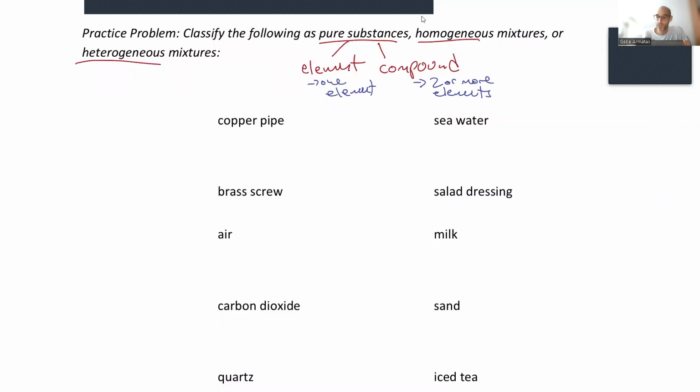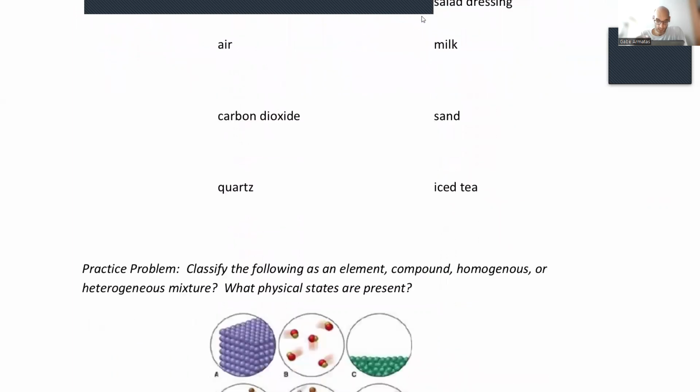A homogeneous mixture is two or more pure substances, and those pure substances can be either an element or a compound. Okay. And then homogeneous versus heterogeneous, both those mixtures have the same definition, two or more pure substances. But remember, homogeneous is uniform throughout, and heterogeneous is where you could see the differences. And we'll talk about these in class.